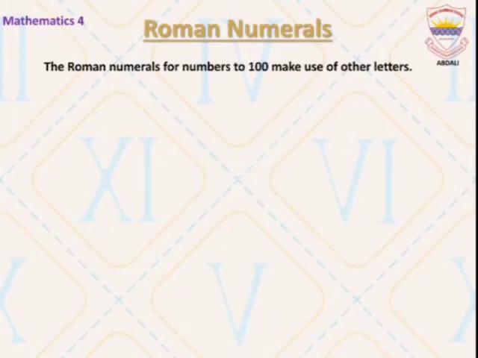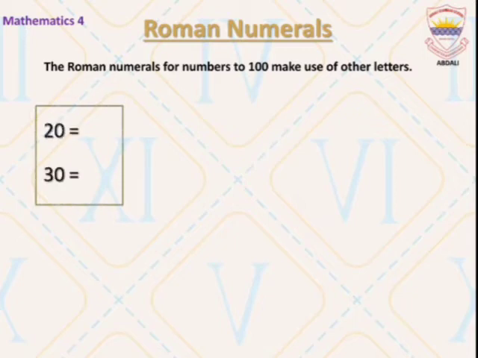Now students, let's write our Roman numerals for numbers from 20, which make use of other letters. 20 is equal to XX. 30 is equal to XXX.